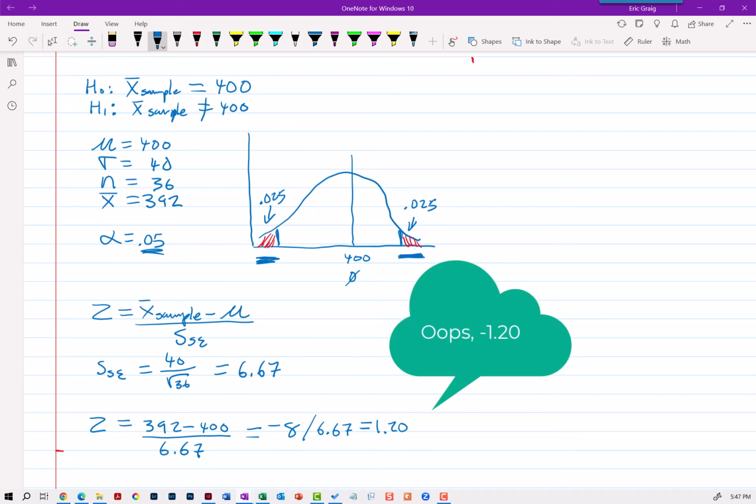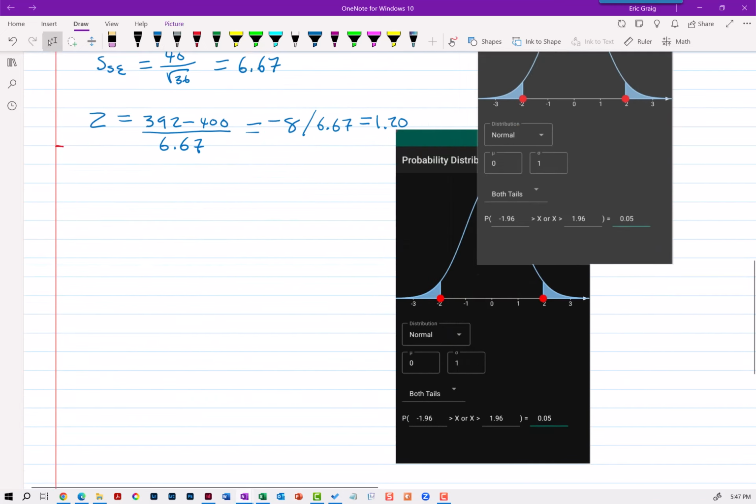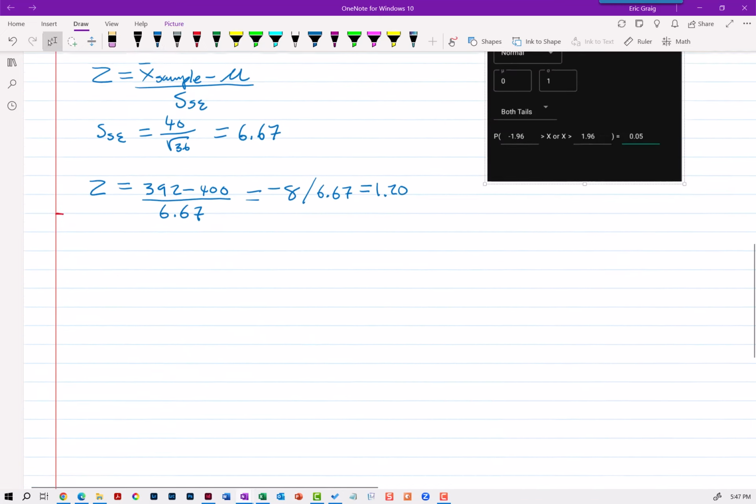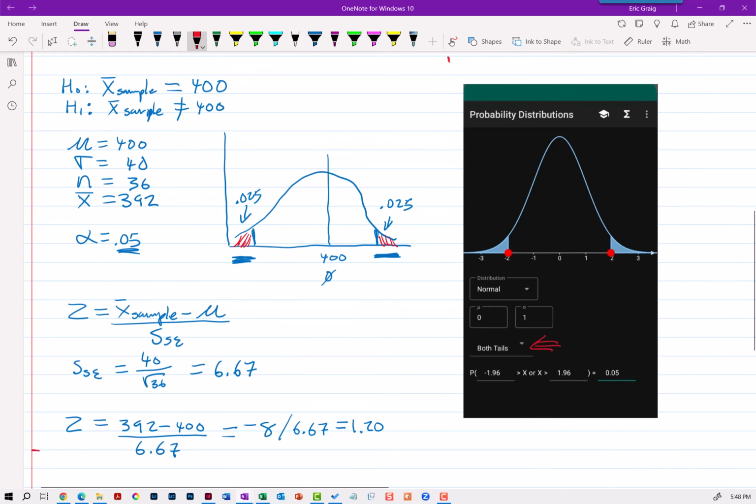What's the critical value for z? Well, again, we go to our calculator and paste in. I'm going to move it up here so we can compare. Paste it in over here. And you'll see that I've set the calculator up now with the both tails option.